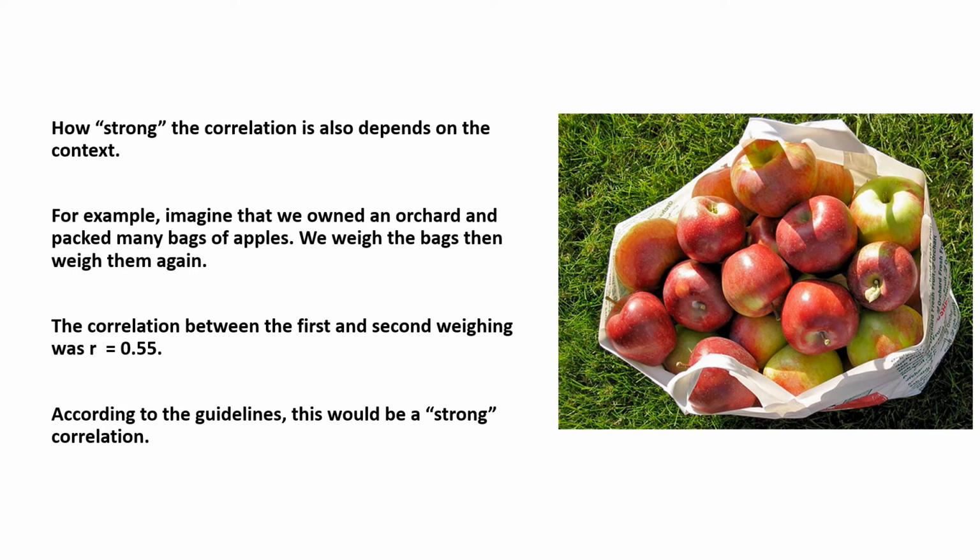However, that means your scale is pretty poor if between weighing them and putting them down again they're that much different that it's 0.55. If you're putting things on a scale, you expect a correlation between two different weighings of the same thing of 0.95 or greater, if not even higher than that. A 0.55 correlation means you've got a pretty poor scale. You probably should look at your scale. Behavioral sciences, really different than that. But when we're talking about the physical sciences like this, it gets a little bit different.